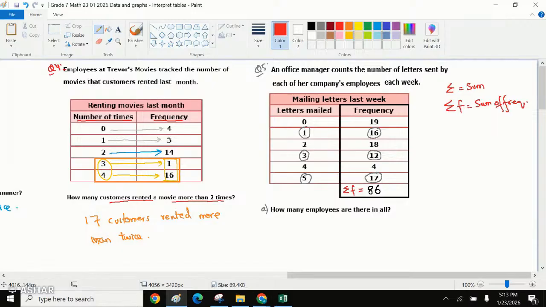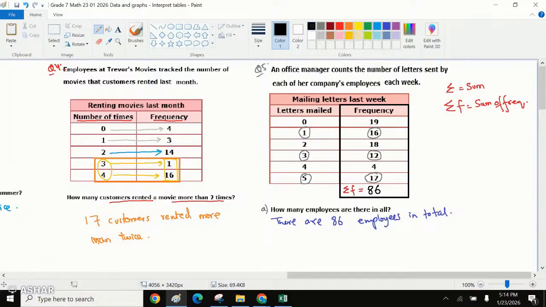So that means the total of the frequency, that means how many employees are there in all? There are 86 in total, right? There are 86 employees in total, okay?